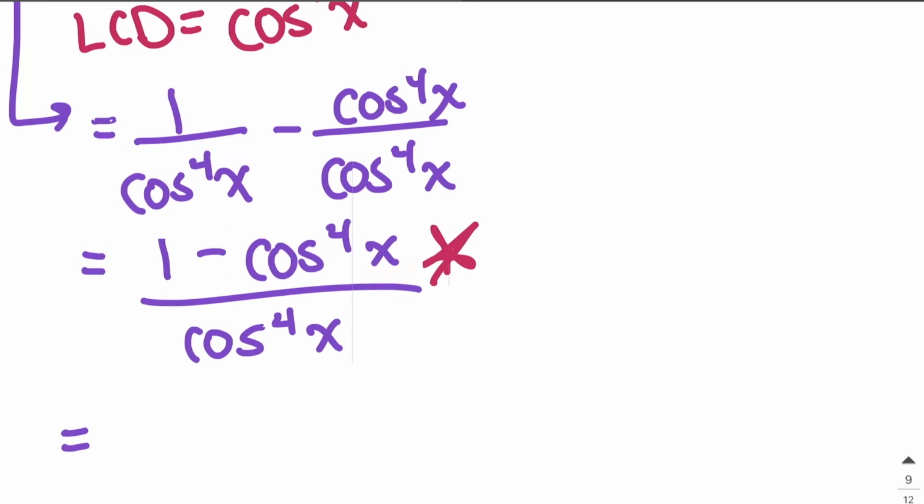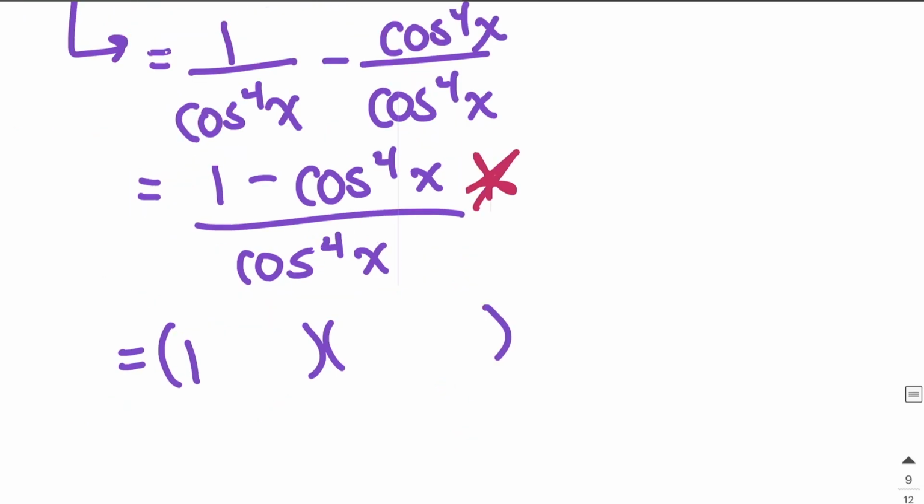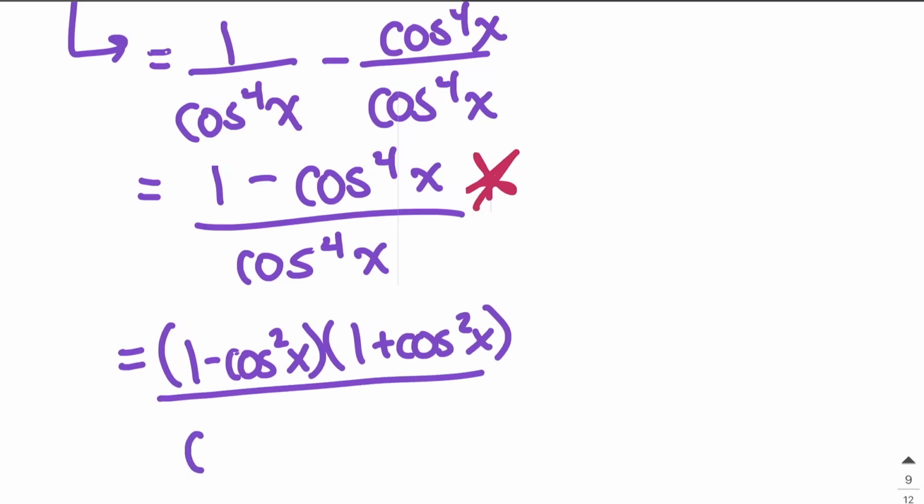I can square root 1, and I can square root cosine to the power of 4x. So because it's a difference of perfect squares, I can write this out as 1 minus cosine squared x and 1 plus cosine squared x. And that's all over cosine to the power of 4x.